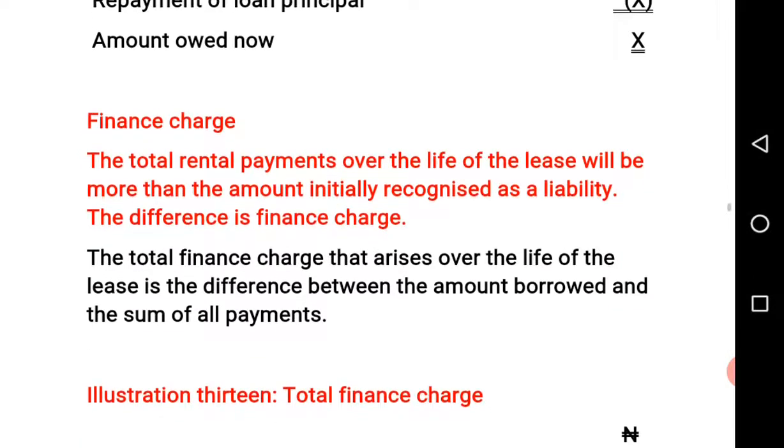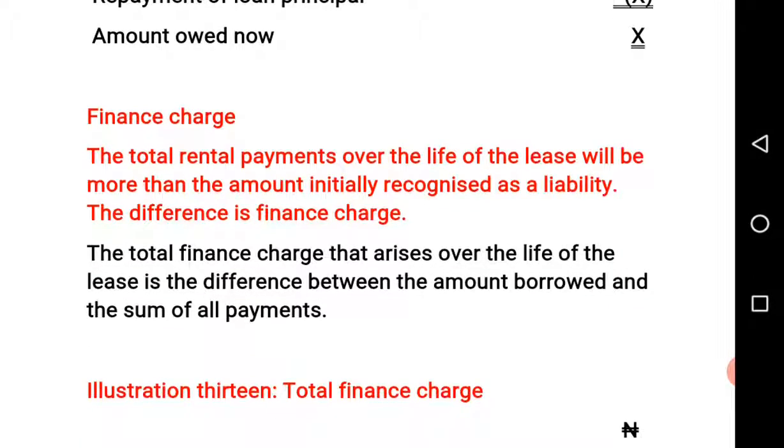The total finance charge that arises over the life of the lease is the difference between the amount borrowed and the sum of all payments. That's like the gain to the lessor and the extra payment, or the interest payment, to the lessee. The interest payments by the lessee to the lessor are a gain to the lessor.